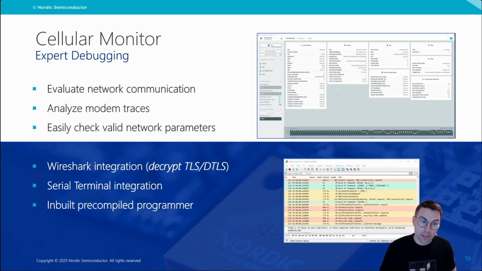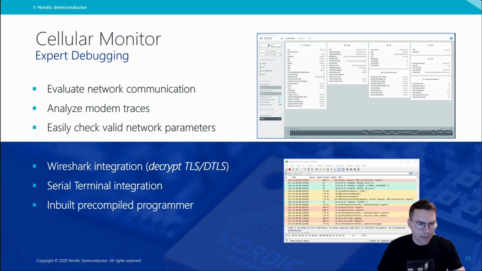And we also have serial terminal integration built in, so we can also read the serial terminal, and we also have inbuilt pre-compiled programs in the Cellular Monitor if you want to flash some different test applications.